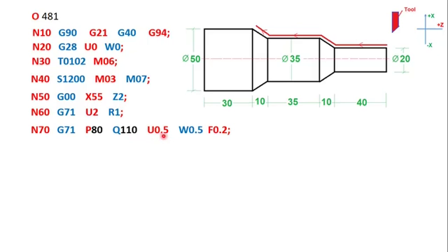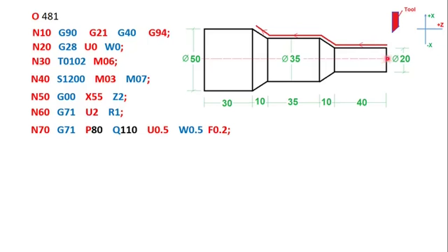I'm giving a 0.5 millimeter finishing cut in X direction, and 0.5 in Z direction. So let's say I'm giving 0.5 in Z; whatever this part is, there will be 0.5 extra kept for finishing. Anything in this direction is given extra in the X direction.